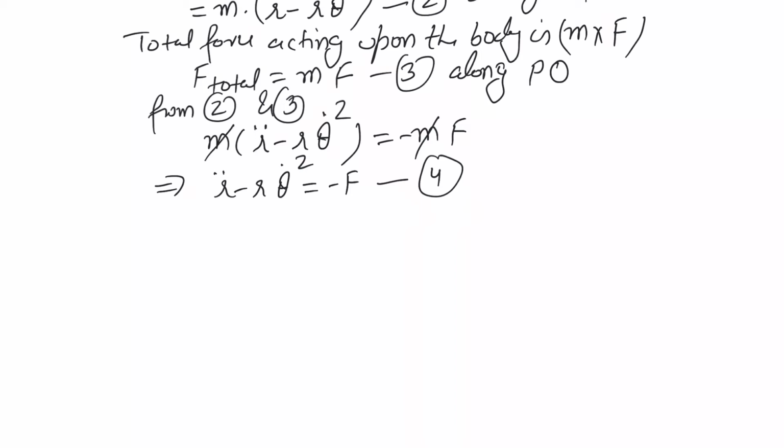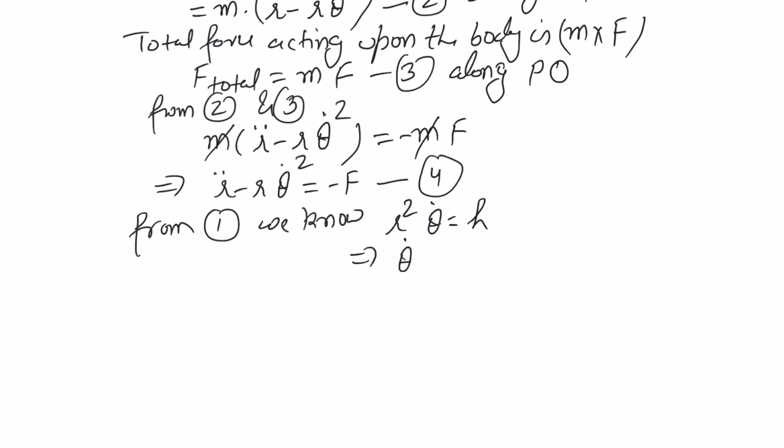From equation number 1, we know r square theta dot is equal to h. This implies that theta dot is equal to h by r square. So we can determine the value of theta dot from here, and you may name it as equation number 5.